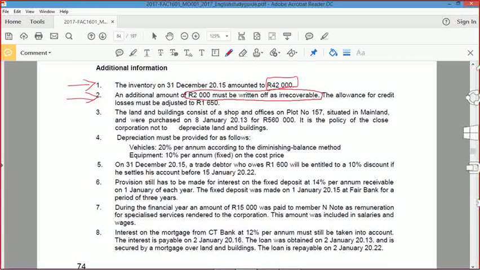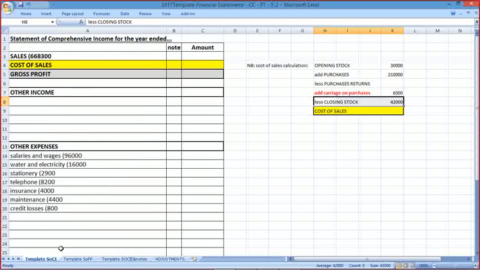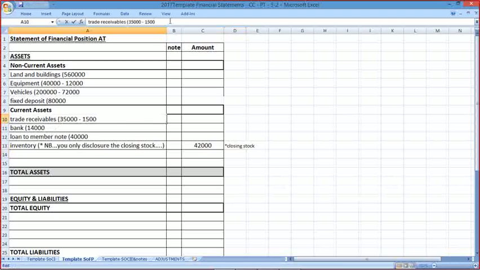If we go back to this, credit losses here was 800, which is what we had on the statement. I'm going to show a +2,000 there in the comprehensive income. And in the financial position, against my trade receivables, I'm going to show a -2,000.